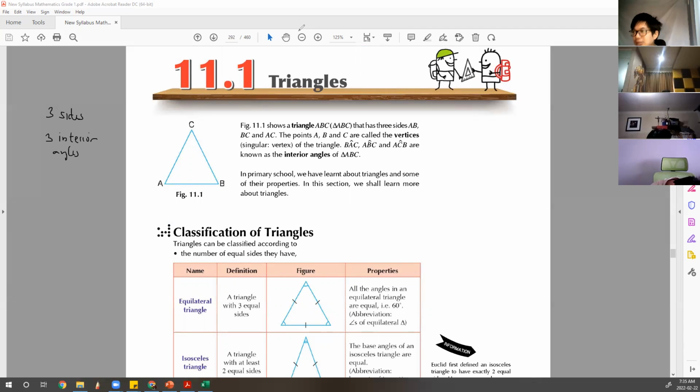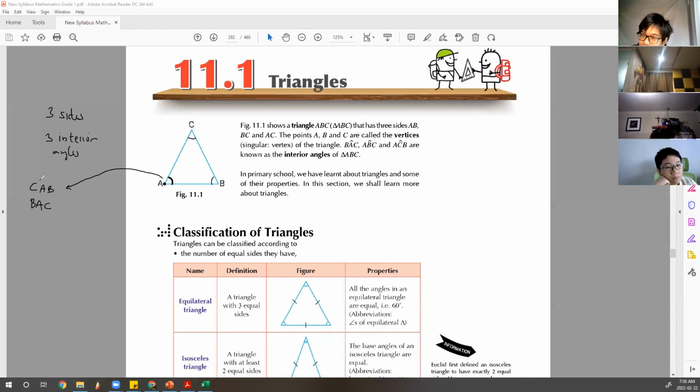Okay, and they also have three angles. These are called interior angles. You have to write them down like this. This is how you write the angle in symbol. If I write angle A, you have to write CAB, with A in the middle, so this is angle CAB, or BAC.